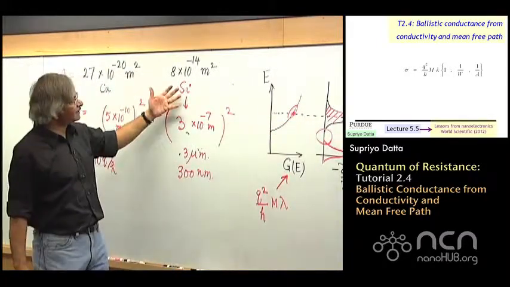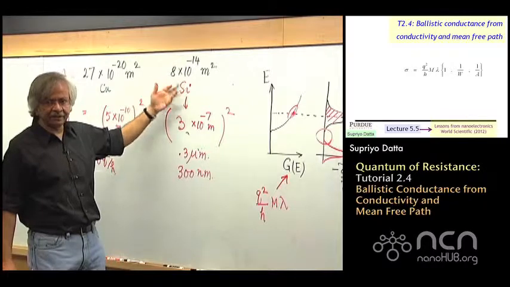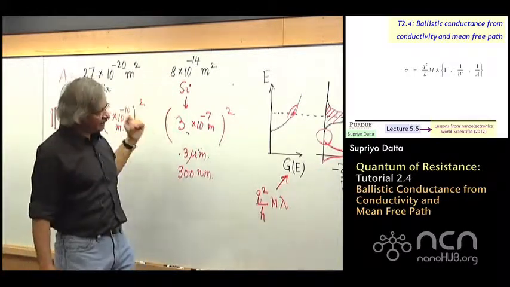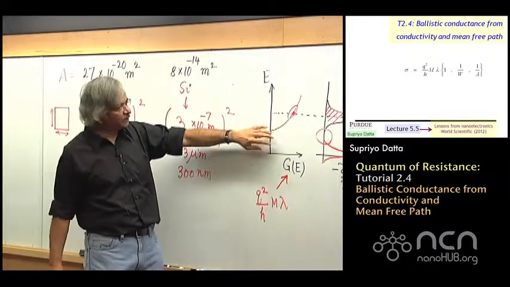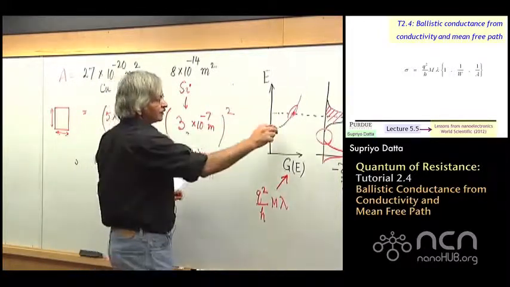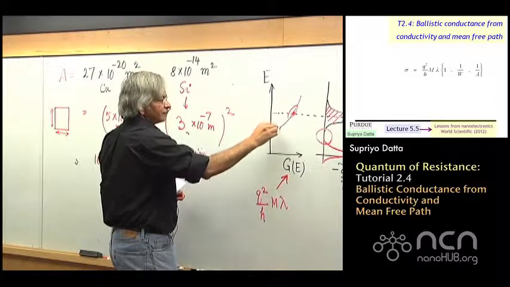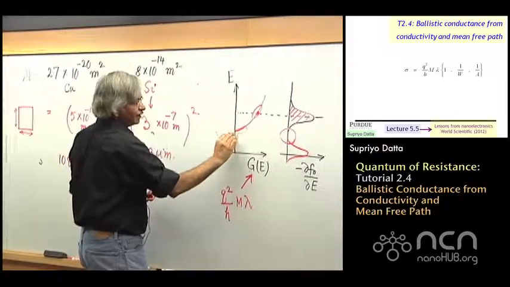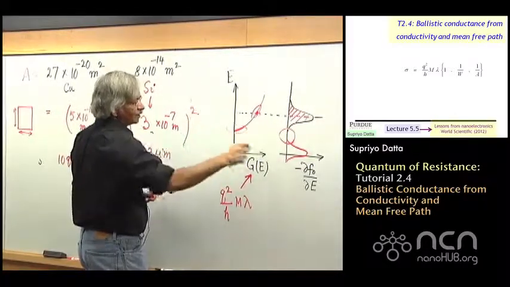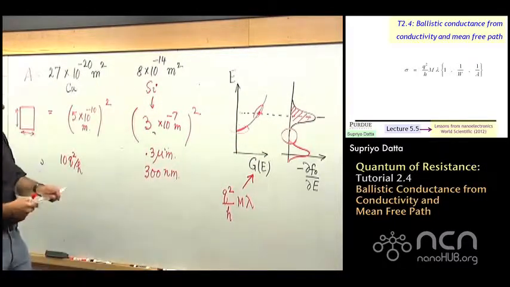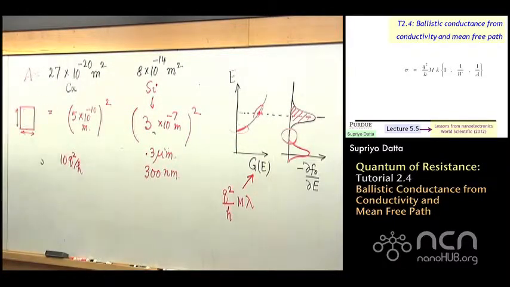On the other hand, if you had taken intrinsic silicon, then the numbers I'd have got, if I just analyzed it the way I did, would not be representative of the number of modes that you expect around here. Because although the conduction is because of these states down here, it is also heavily weighed down by that factor. So the point I'm trying to make is that the simple analysis we did here is appropriate for degenerate conductors.